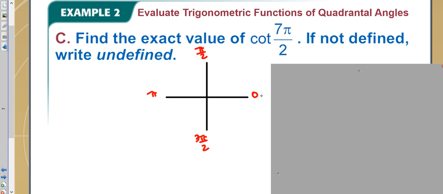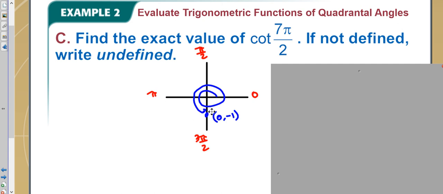So we just keep going: 4 pi over 2, 5 pi over 2, 6 pi over 2, 7 pi over 2. So to get there, we would go all the way around once, and on the second loop, we'd hit this point. Now this point would have an x value of 0, but a y value of -1, because it's down low 1 unit.